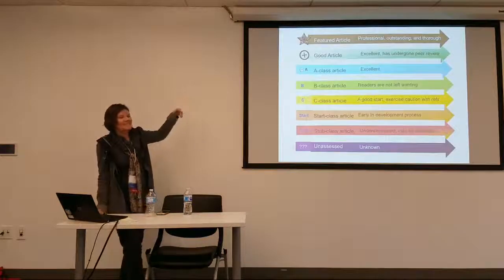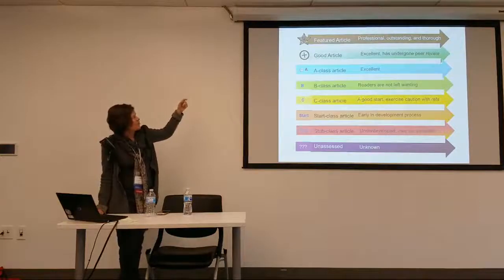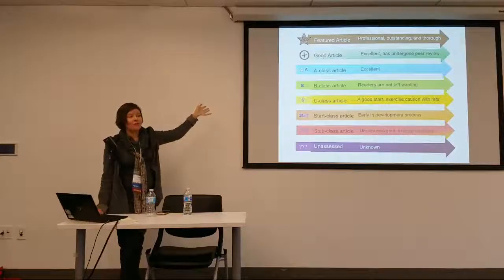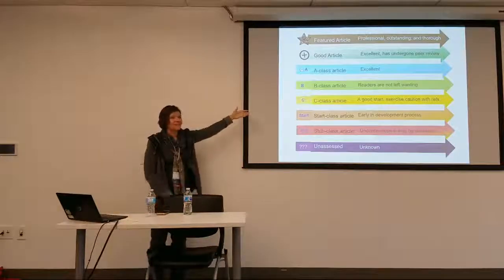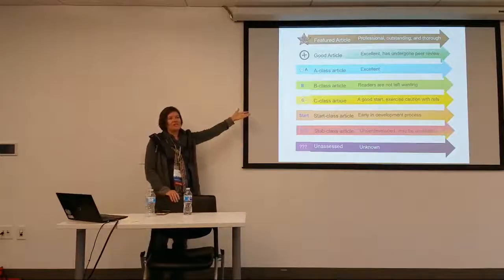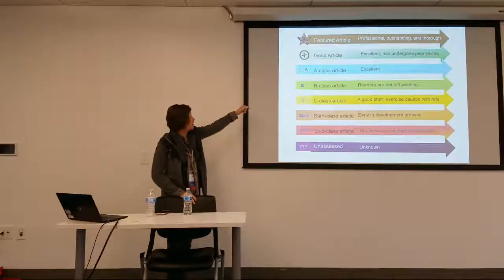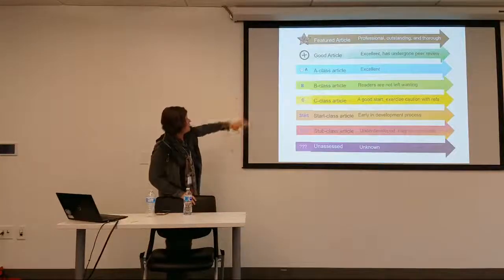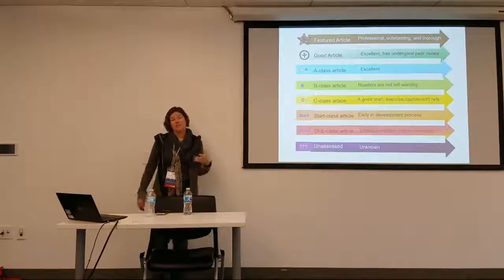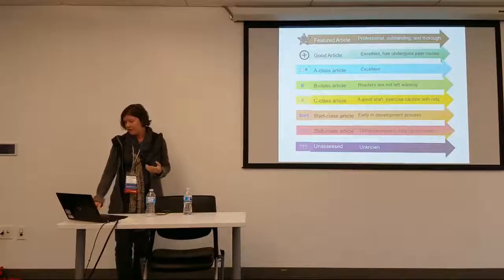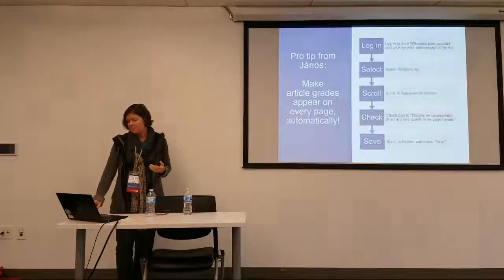A lot of these are perfectly good articles. Some things may get to C class, and that's all they really need or deserve, and they're going to be perfectly good articles. Then there are the unassessed articles, which can be the most tricky because Wikipedia is not giving you any signals. So how can you help with these?